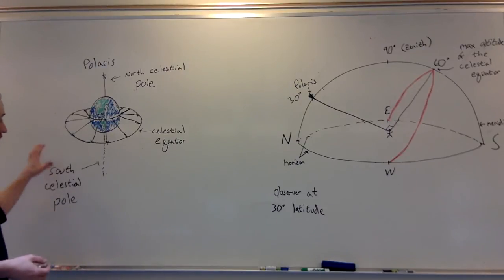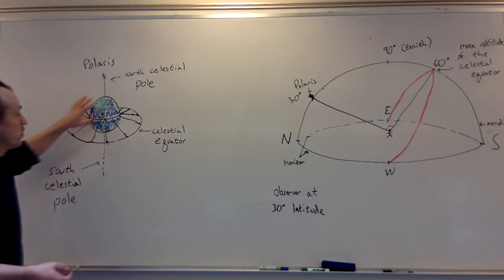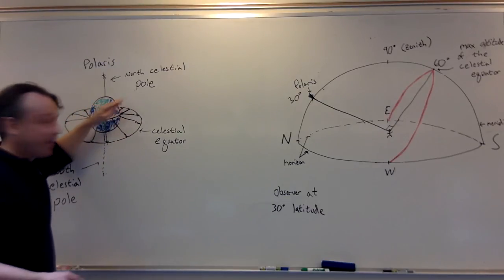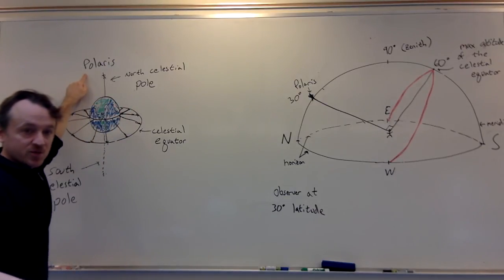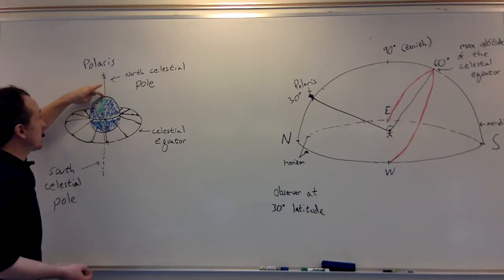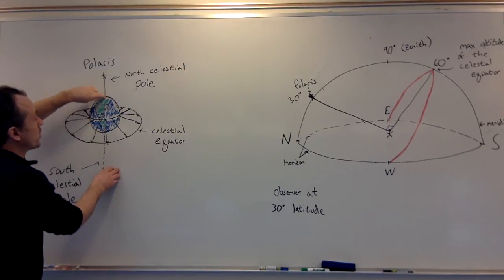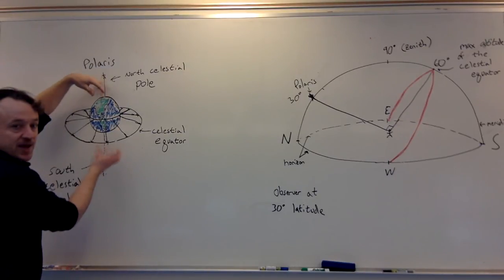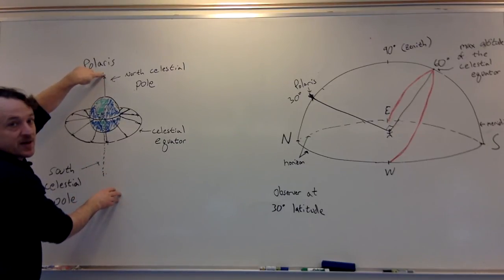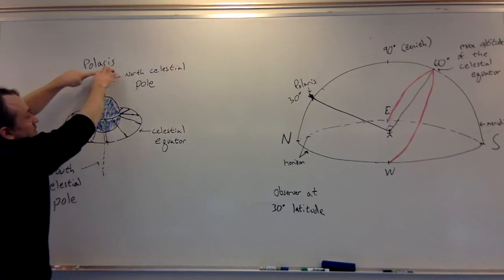What I want to talk about here is how your observation changes according to your location. For instance, we are lucky enough to have the North Star, which is Polaris. Polaris happens to be right on the North Celestial Pole. The celestial pole comes from the North Pole, essentially the rotation axis, and extends all the way until it hits the sphere, so think of Polaris being on the sphere out here.